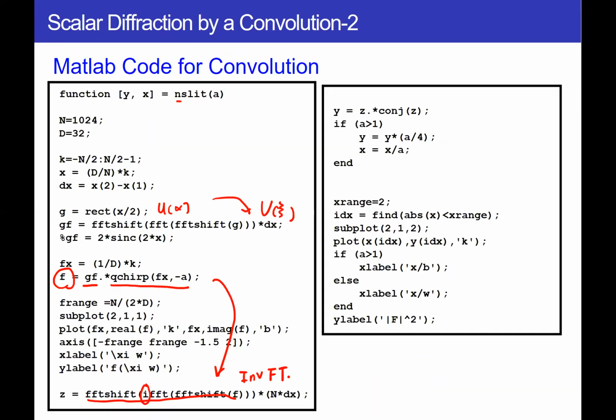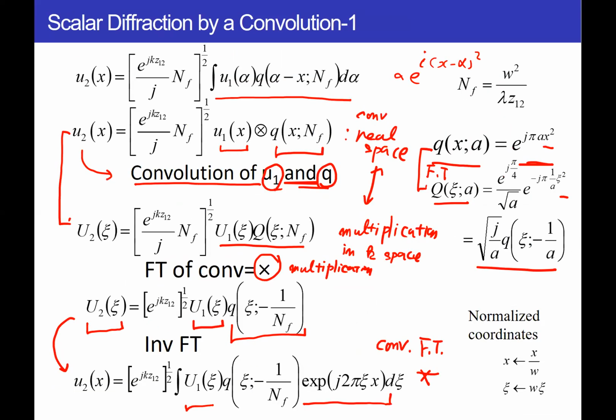And another method we have to think about is, let's go back to the original convolution. Okay. So here, this case we did. If you just use the convolution itself, maybe you can just directly calculate the U2.